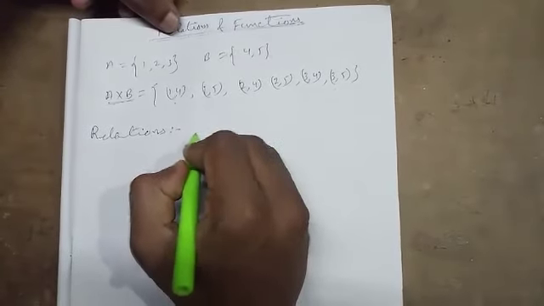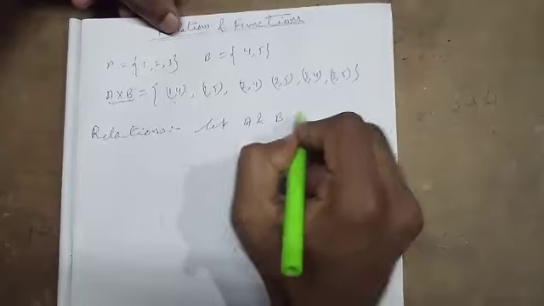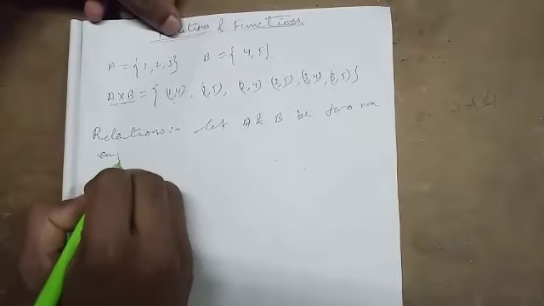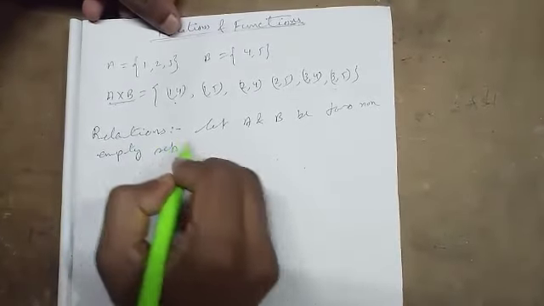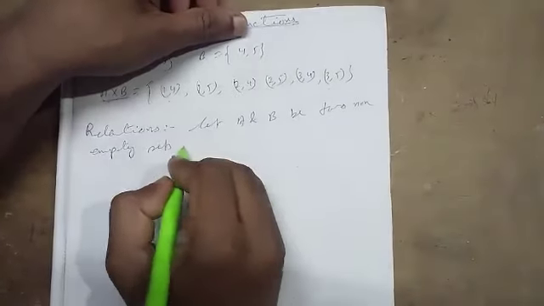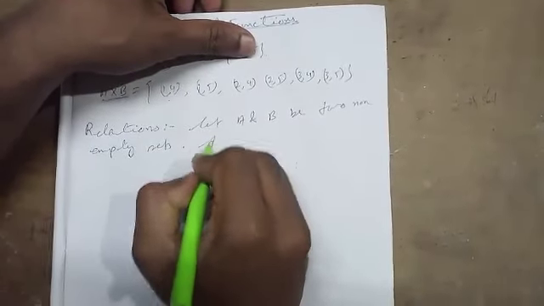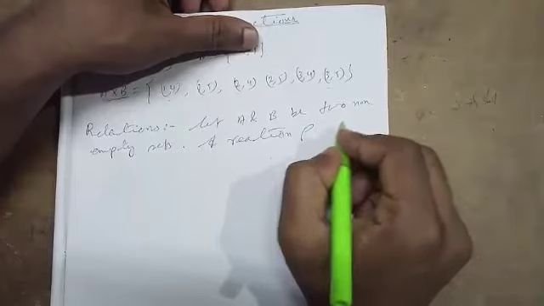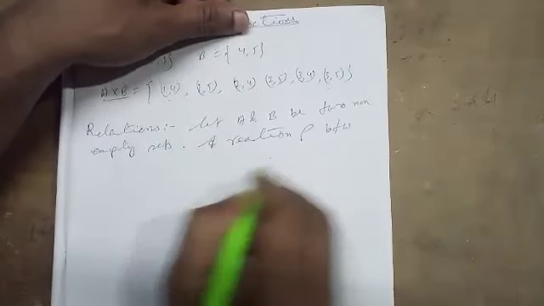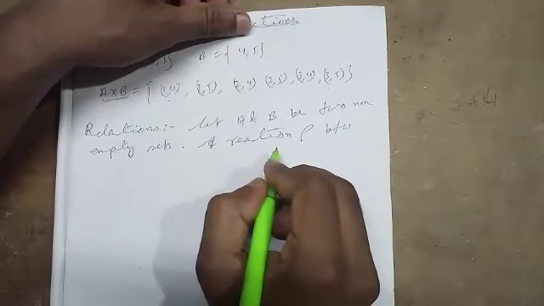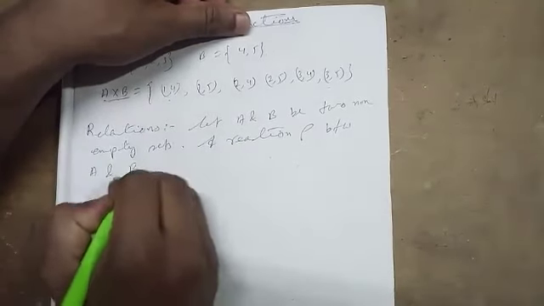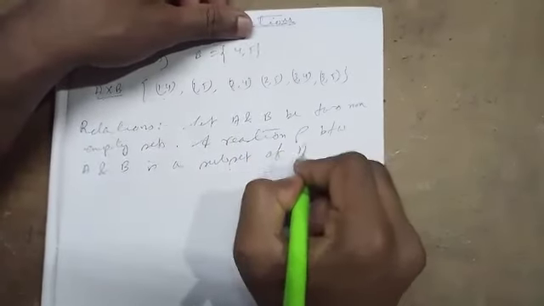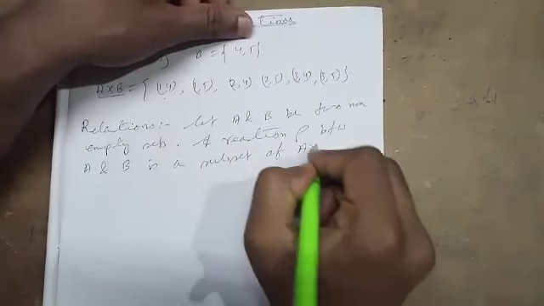Suppose A and B are two non-empty sets. Then a relation rho between A and B is a subset of A cross B. What is a relation?